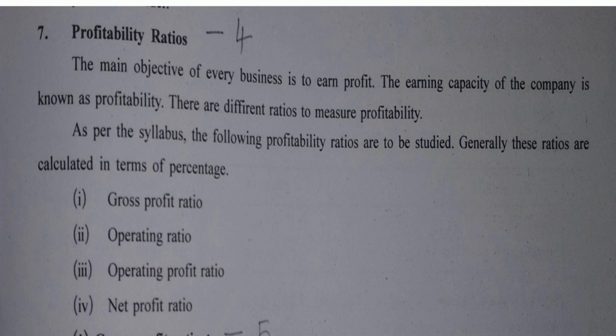The main thing here is profitability ratios, given on page number 215. There are 4 ratios under this. See, the main objective of every business is to earn profit. The earning capacity of the company is known as profitability, obviously.